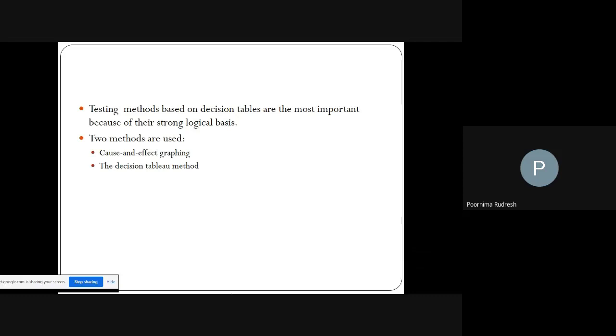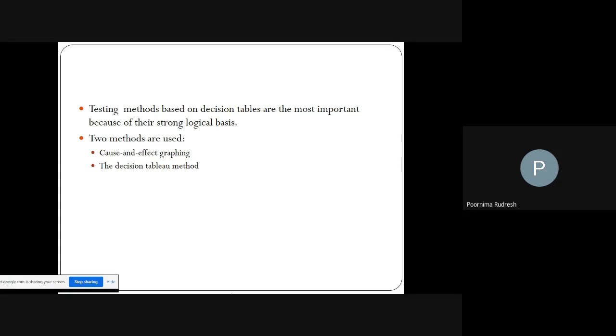If you use 0 and 1, then 0 indicates false and 1 indicates true. Or we can directly use the characters T or F to indicate true and false conditions. Whenever you construct such tables, they are said to be decision tables.